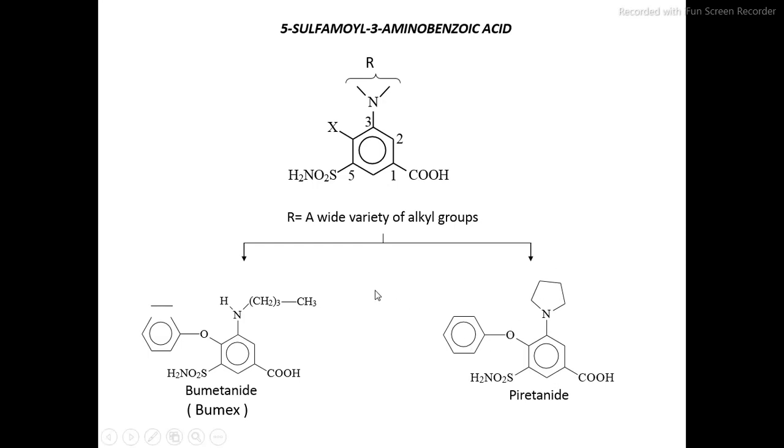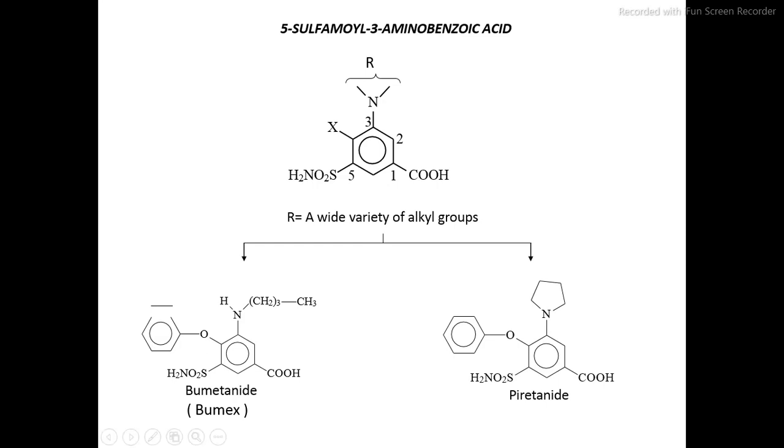If R is a butyl, then they have developed this compound known as bumetanide. Now bumetanide is also an important diuretic drug. If there is a cyclization of this third nitrogen, it produces a compound known as piretanide.